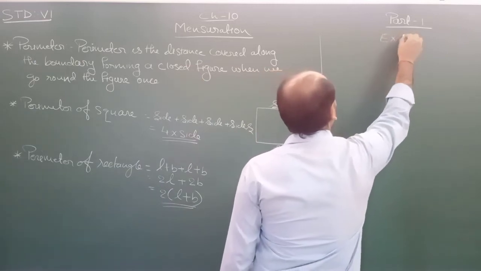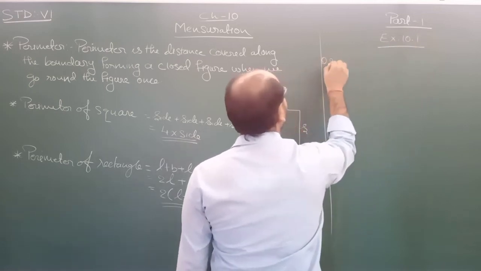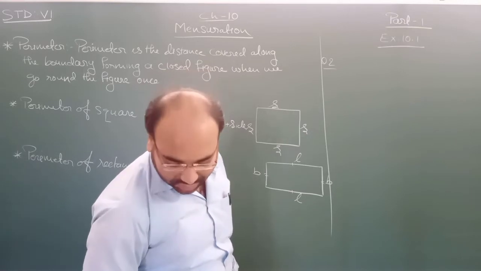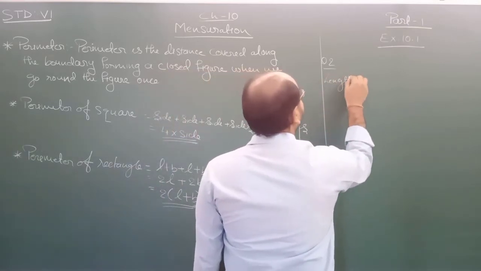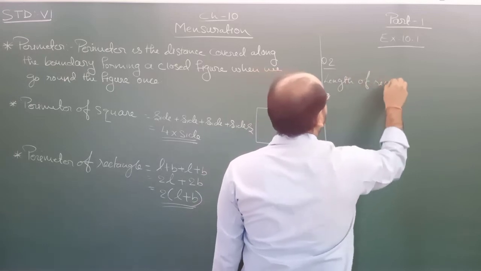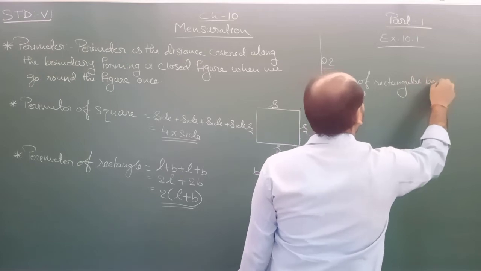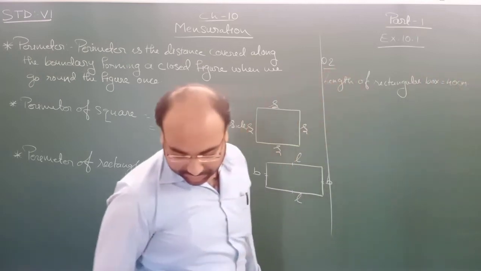Exercise 10.1, question number 2. So length and breadth of a rectangular box is being given. So we will write: length of rectangular box is equal to 40 centimeter.